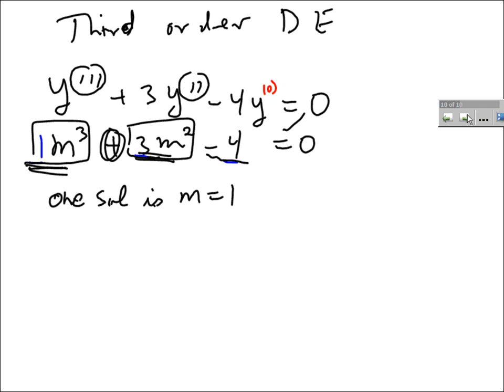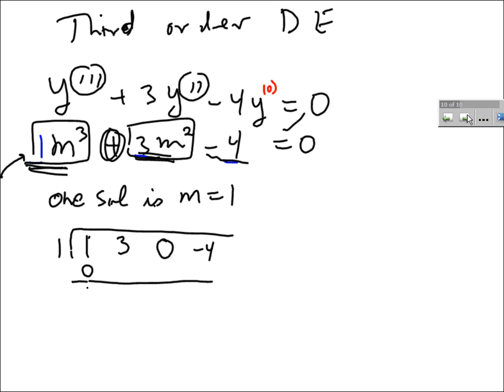I'll use synthetic division. I put the 1 out here, and then a bar. I have 1m cubed, 3m squared, no m's, the constant is -4. I like to put a 0 there.